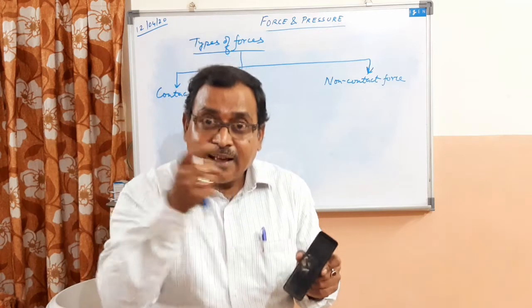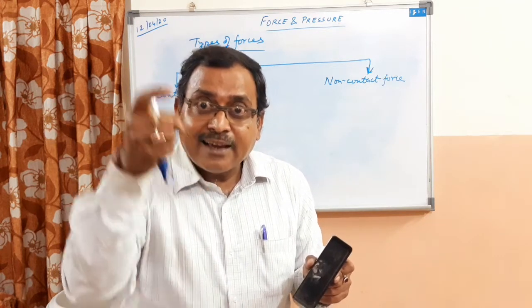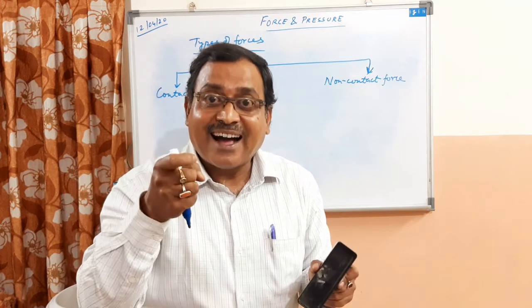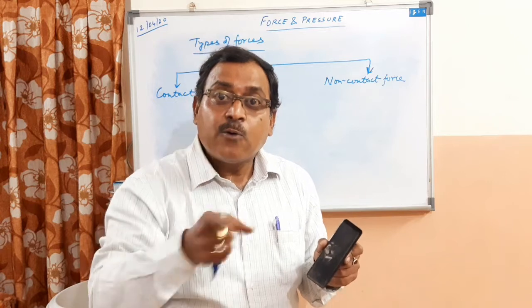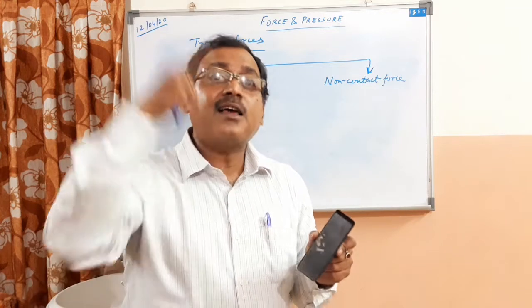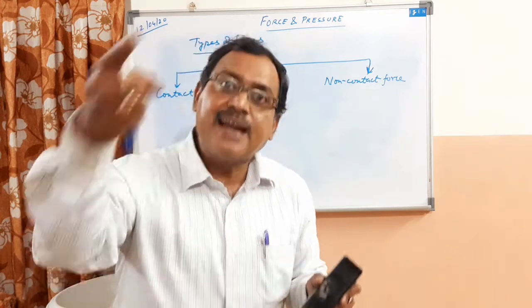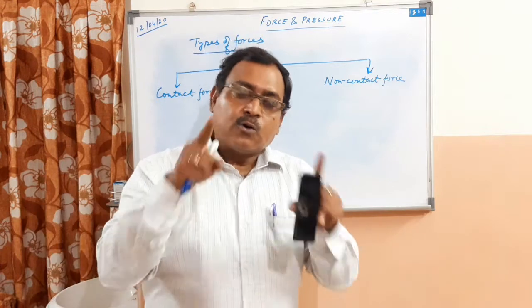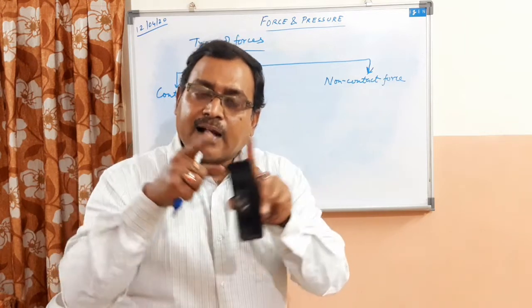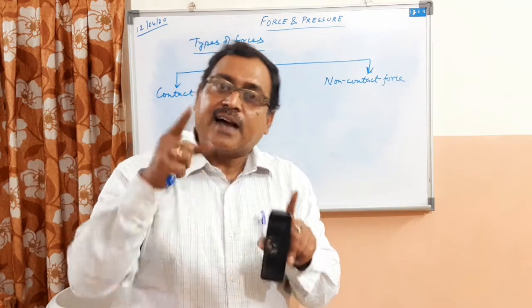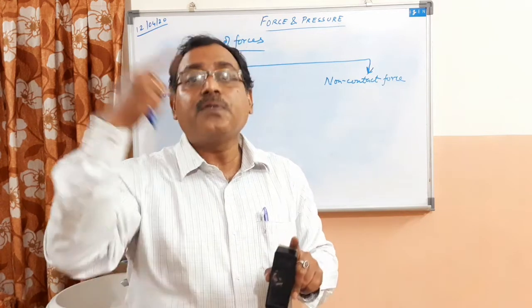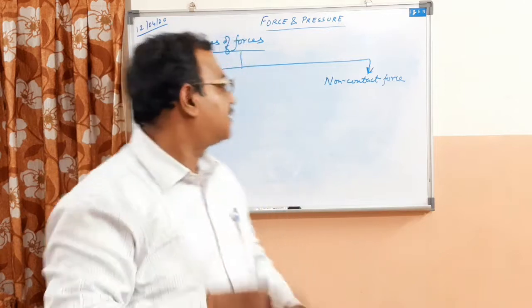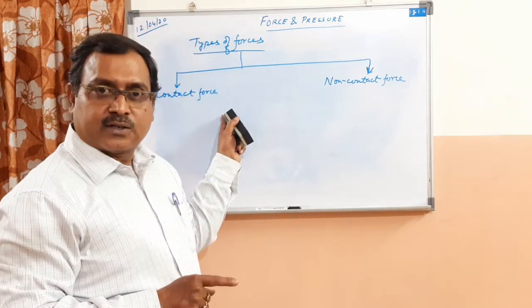With the help of the U-like neck of the umbrella. So this is the medium through which you are coming in touch with the other body indirectly. So when two bodies come in contact with each other directly or indirectly, when force is being exerted by one on the other, such types of forces are called contact forces.